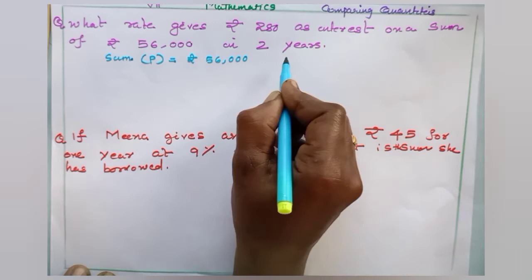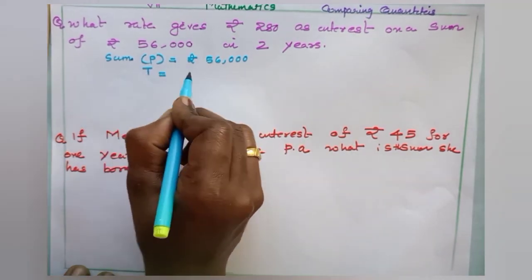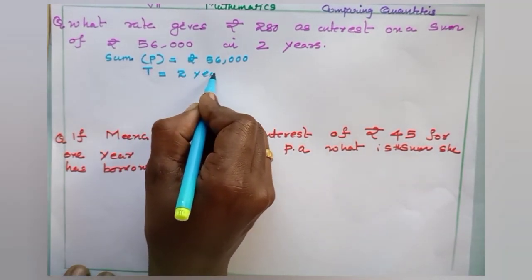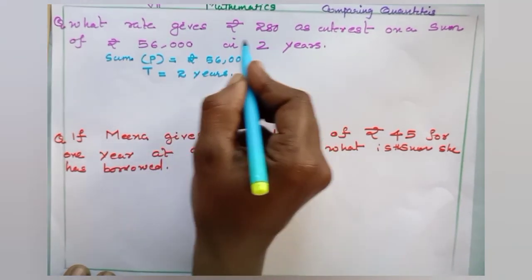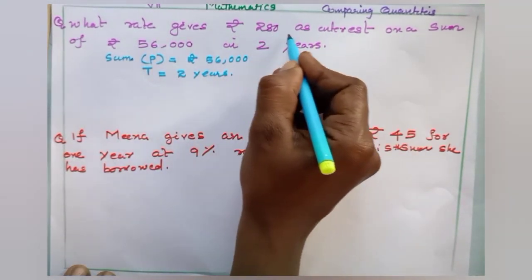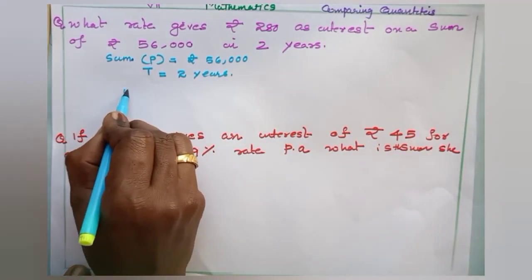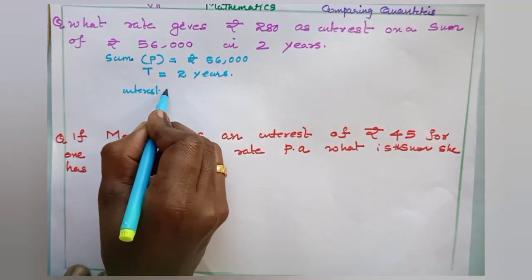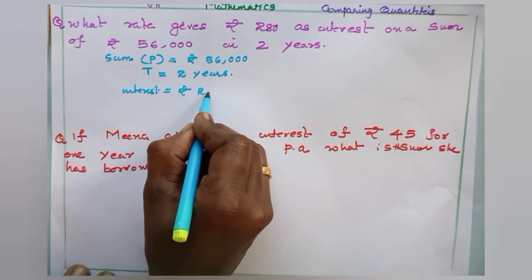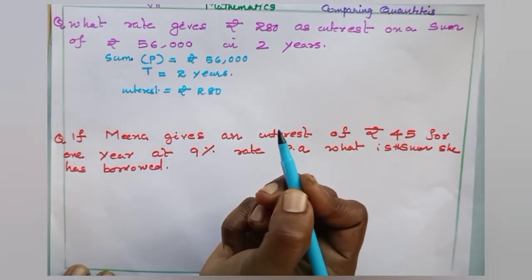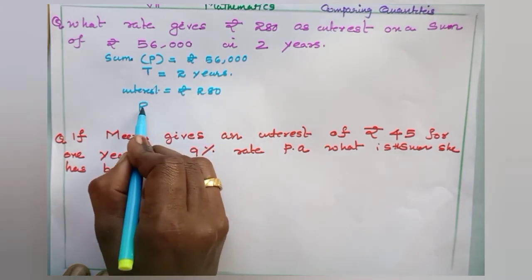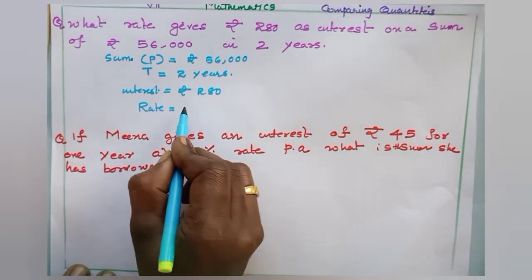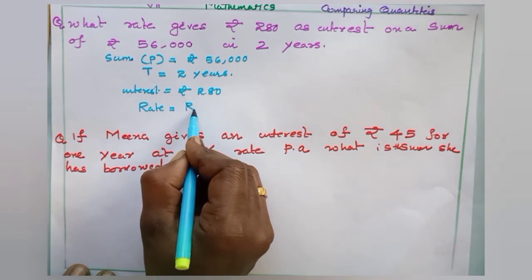Then time T is equal to 2 years, and the given interest is rupees 280. Then we want to find out what rate. So we take the rate as R percentage.